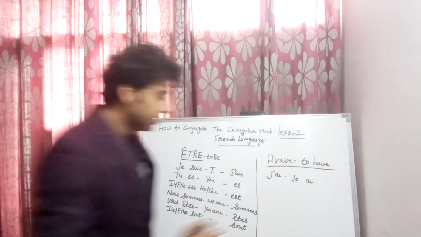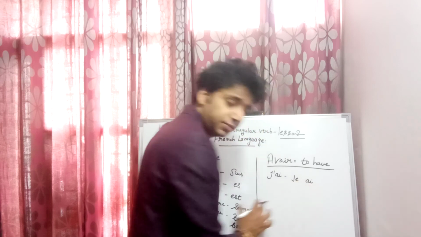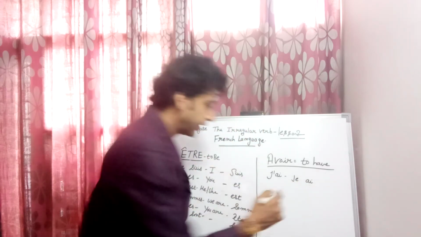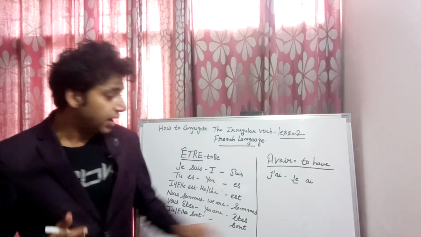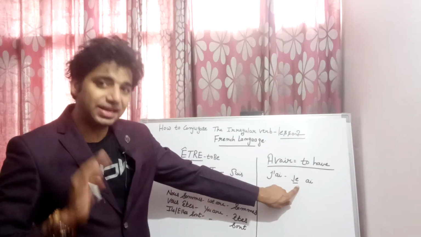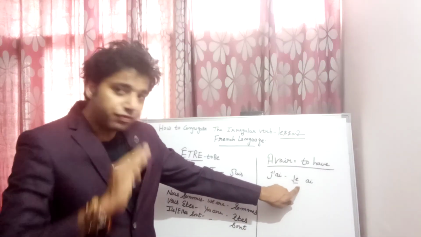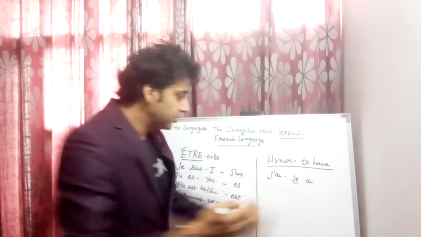Remember one thing, if we have two vowels together, like how? If any word is ending with a vowel and the next word is starting with a vowel, you have to understand one thing.